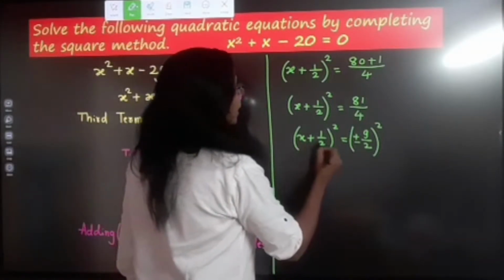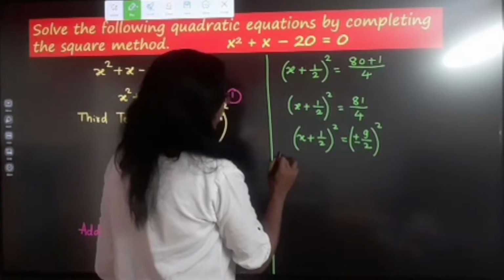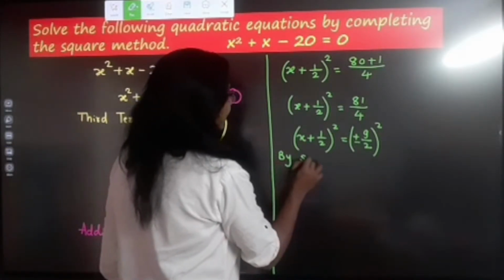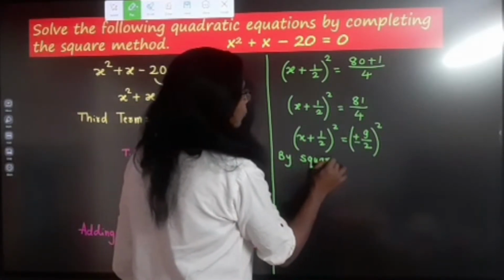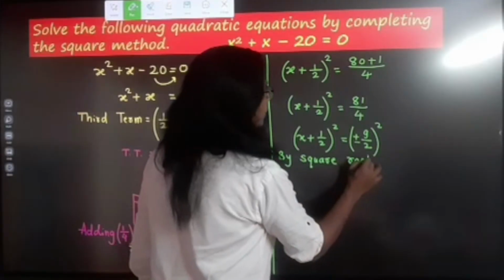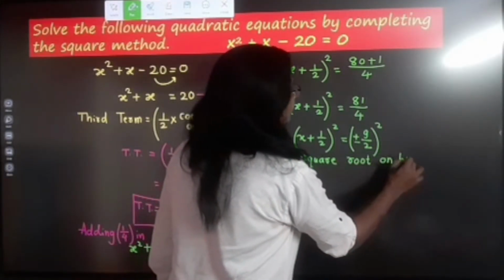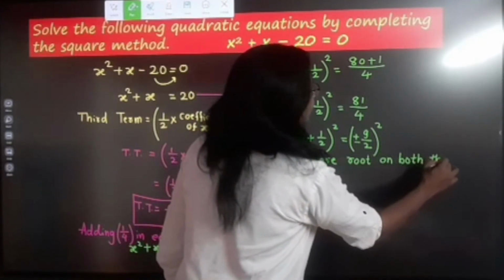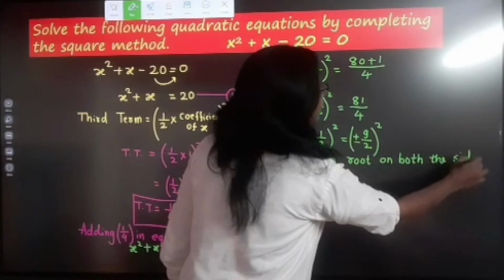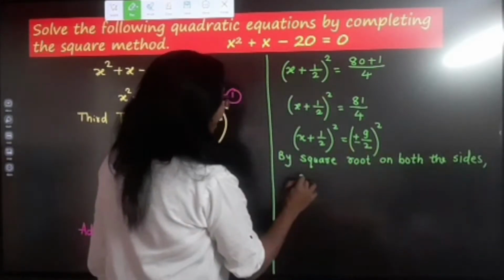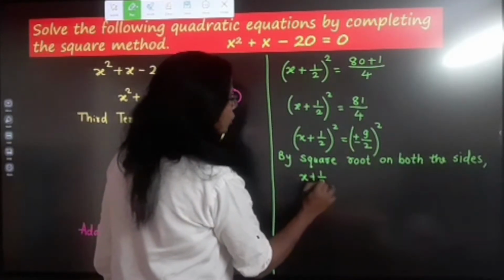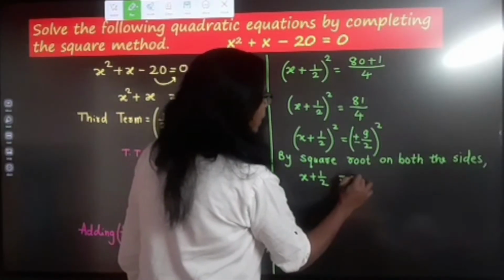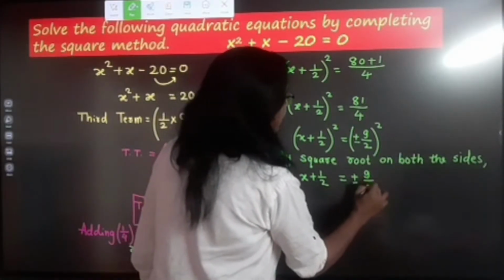So now here, take the square root on both the sides. So here x plus 1 upon 2 is equal to plus or minus 9 upon 2.